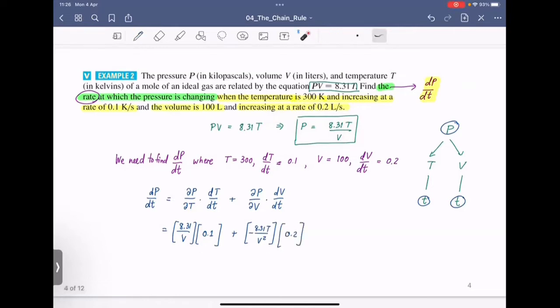So the term that could be harder to do is going to be this term, because 8.31 T is constant, so I pull it out, and then I differentiate 1 over V. If you are not comfortable differentiating 1 over V quickly like me, you can say 1 over V equals V to the negative 1.